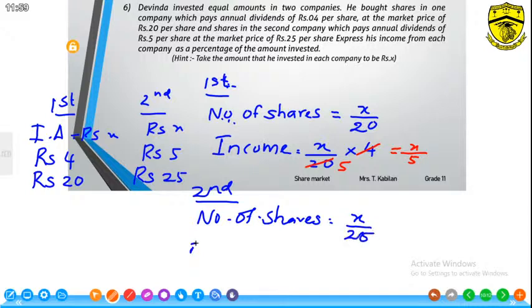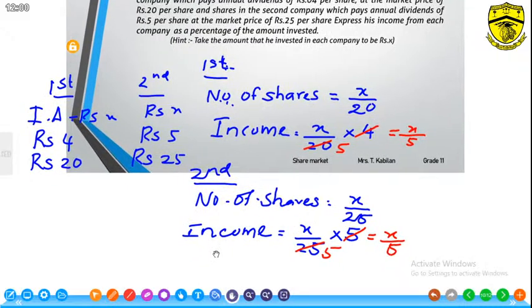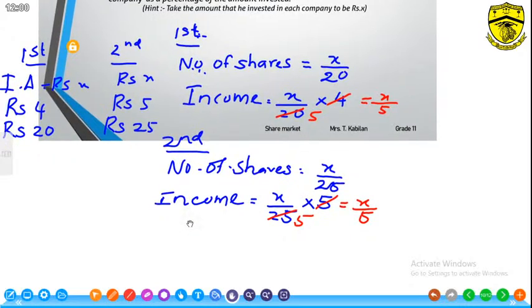So the income can be calculated by multiplying this number of shares by the dividend per share, that is 5. Then simplify it: 5 into 5 times 5, so X by 5 is the income from the second company.